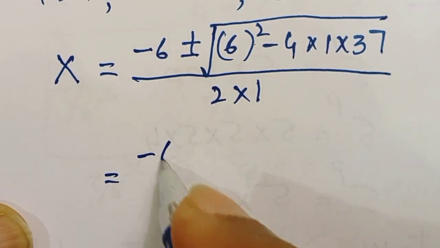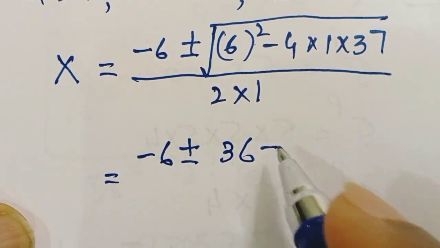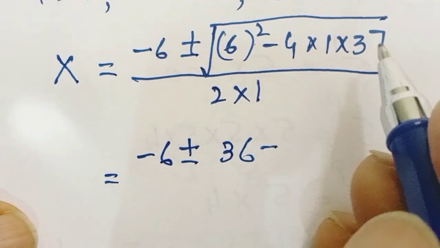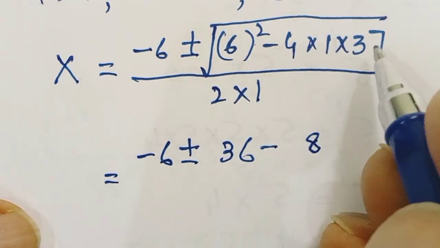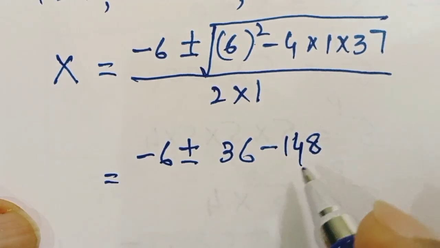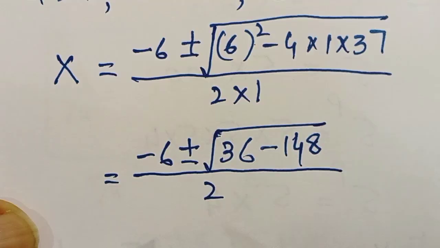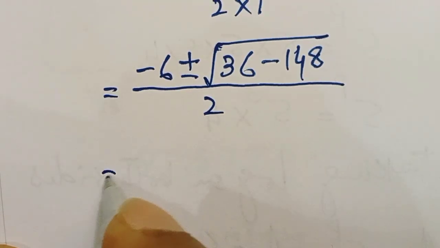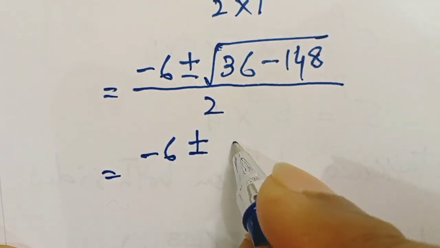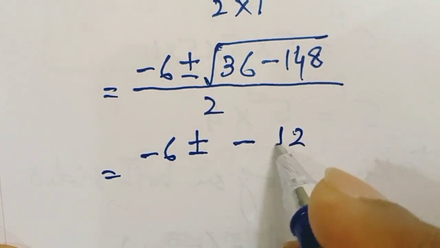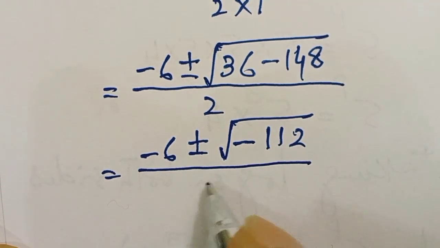So minus 6 plus minus square root of 36 minus 148, 7 4s are 28, over 2. This will be minus 6 plus minus square root of minus 112 over 2.